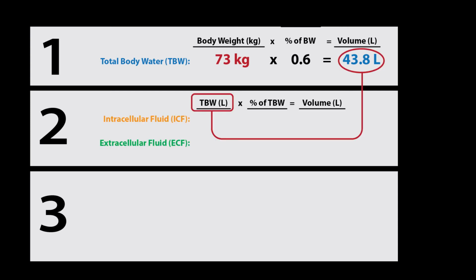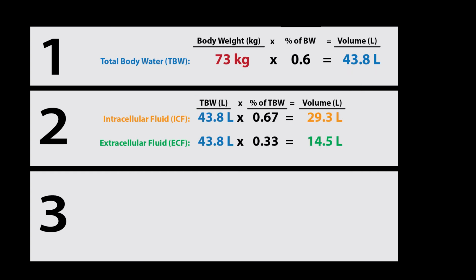Next, use total body water to calculate the intracellular and extracellular volumes. Start by multiplying total body water, which is 43.8 liters, times 67% for intracellular and 33% for extracellular, which gives us 29.3 and 14.5 liters respectively.